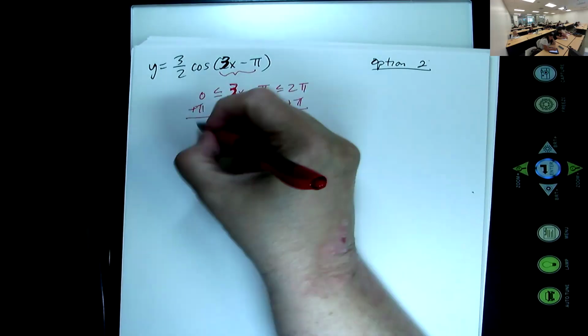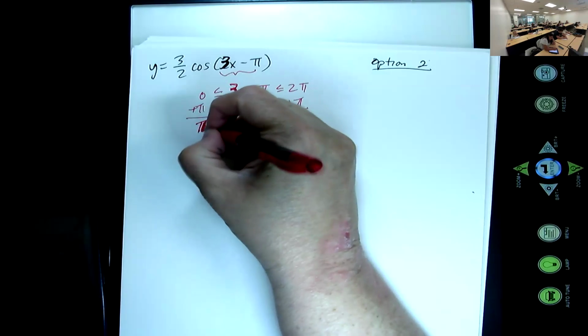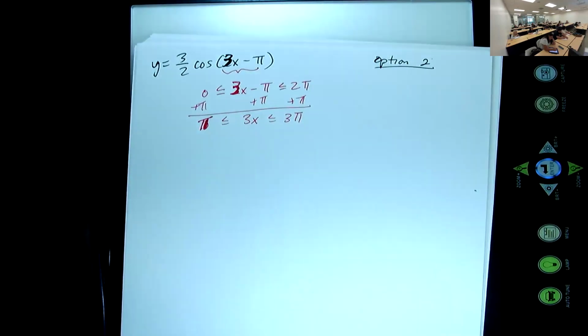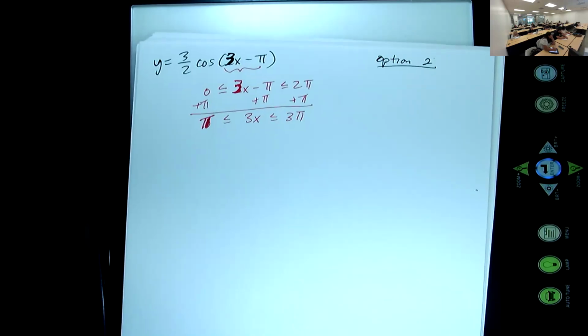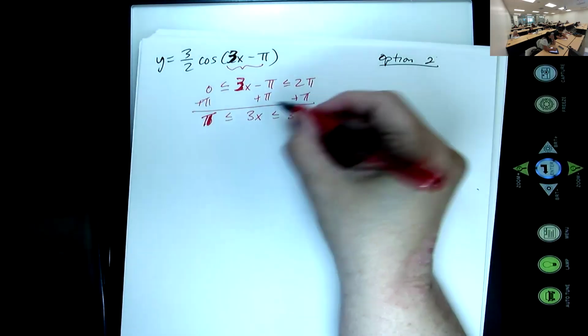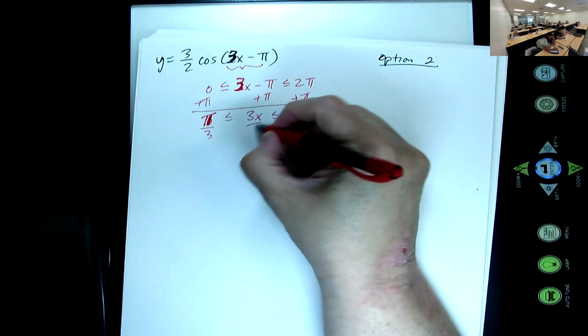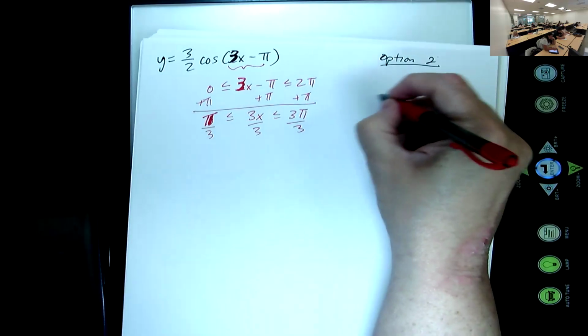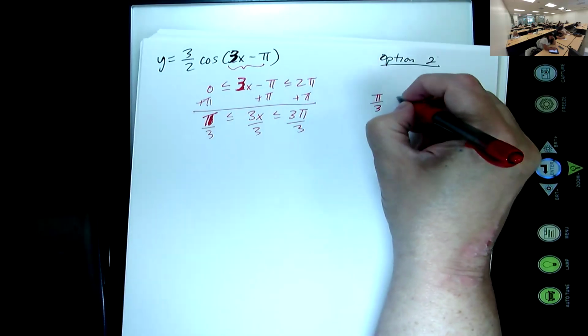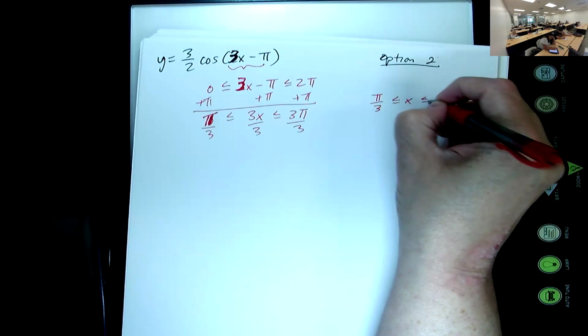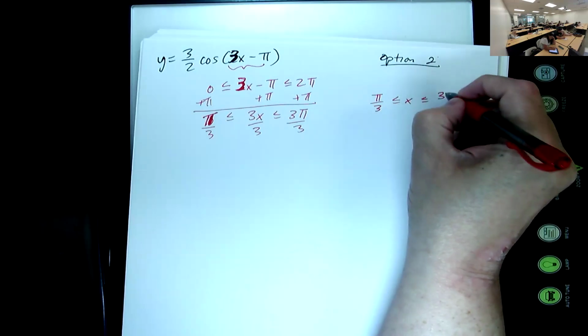It is pi. Thank you. That looks way too easy. Now it's not so easy. We divide by 3, and we have pi over 3 is less than or equal to x, which is less than or equal to 3 pi over 3.